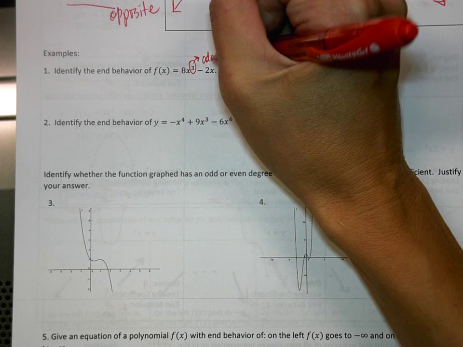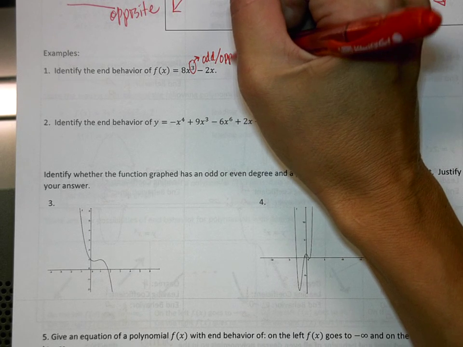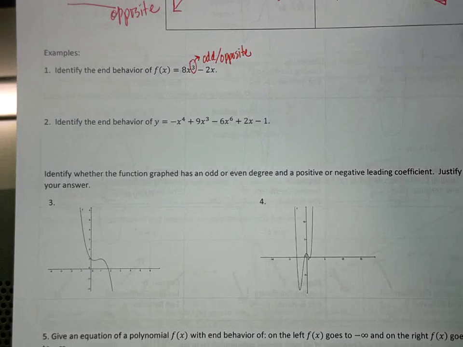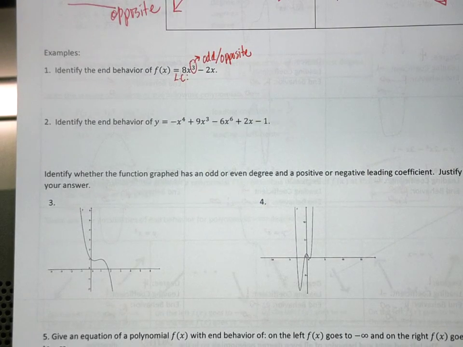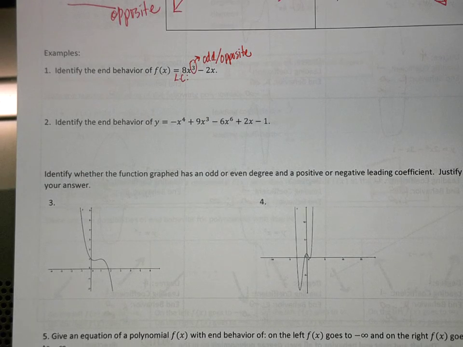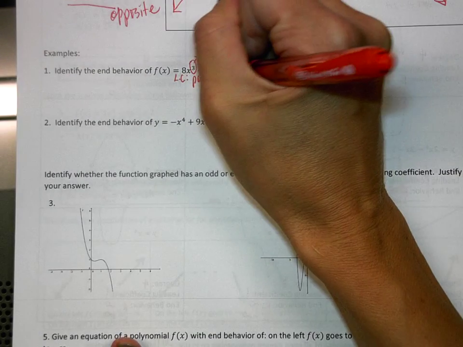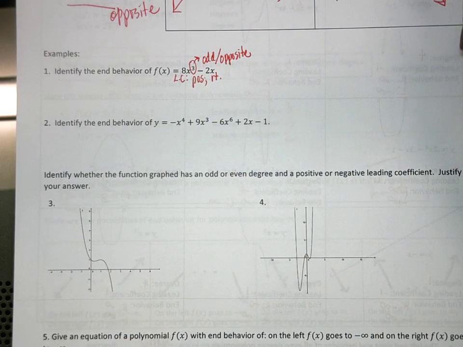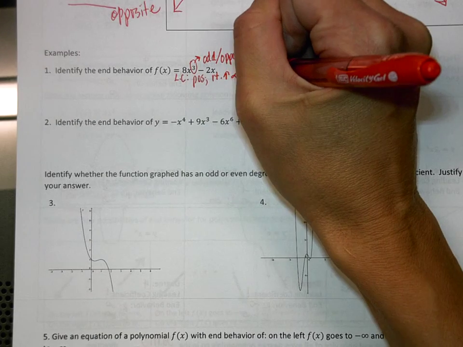And odd means they will go in opposite directions. Okay, and then we have our leading coefficient, and all we basically need to know is is it positive or negative? It's positive. So since it is positive, I know that the right side will go which way? Up or positive infinity, okay?